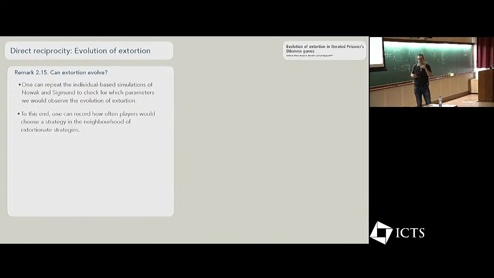Now, we cannot do it in this naive way because, as I said a few minutes ago, the space of extortionate strategies within the memory one strategies is a two-dimensional set within a four-dimensional set. So strictly speaking, it has measure 0. The probability that a random strategy would be exactly an extortionate strategy is 0. So what we ask instead is, how likely is it that we visit an epsilon neighborhood of the extortionate strategy? This would have positive measure.